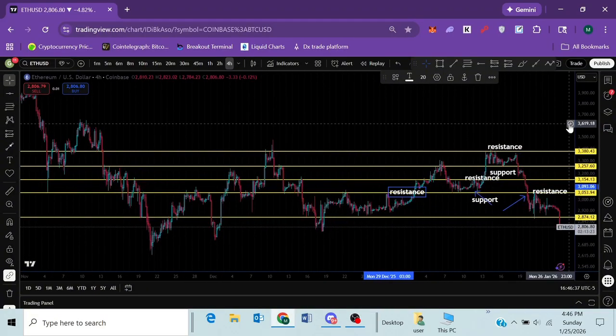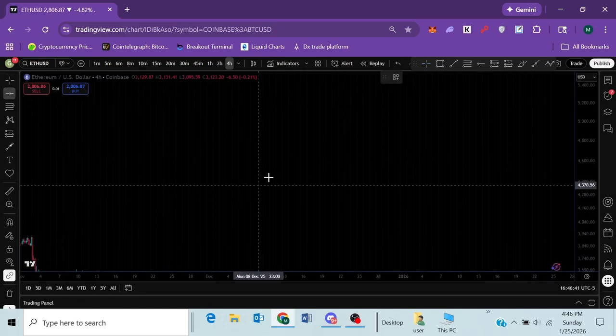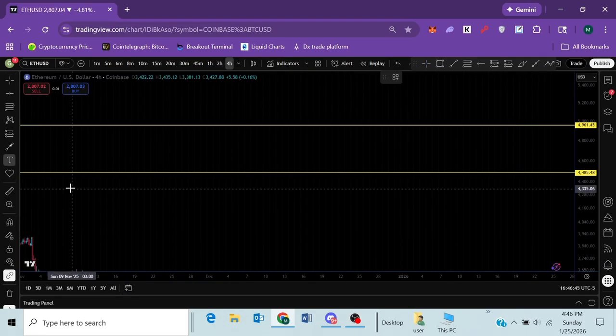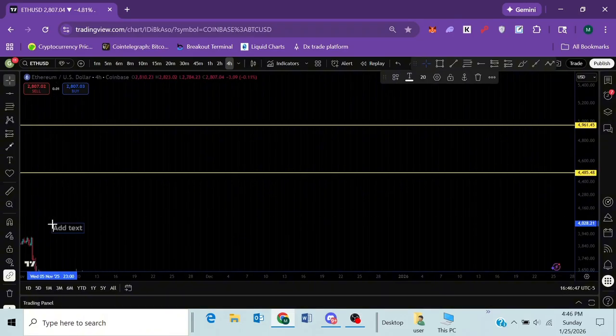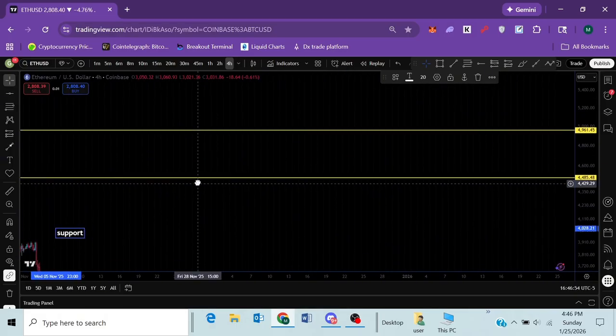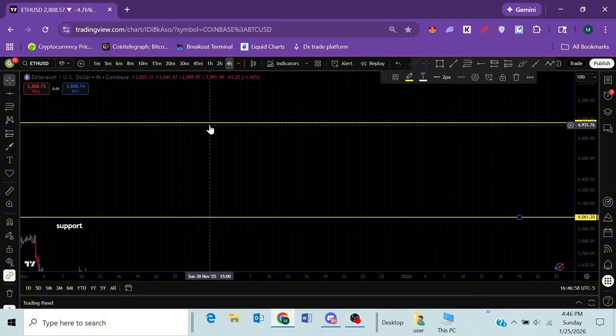I'm going to show you a clean drawing of basically what I was explaining without the candles. So, I'm going to move it down. So you have your support. Right?